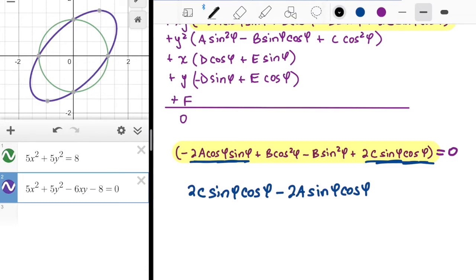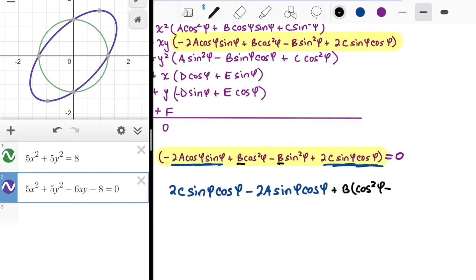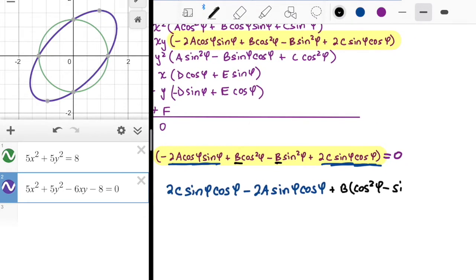And then we'll have that other stuff going on, but you'll notice here, you can skip a little step in the process. We have a common b, so it's going to be plus b times cosine squared phi minus sine squared phi. And that whole thing is going to be equal to 0.